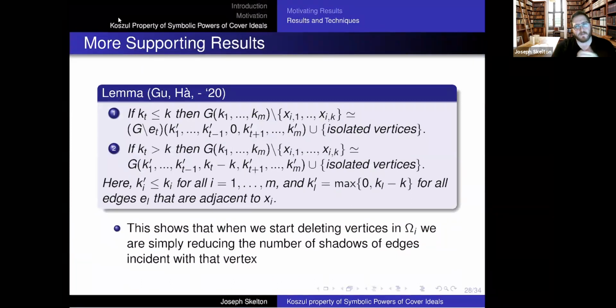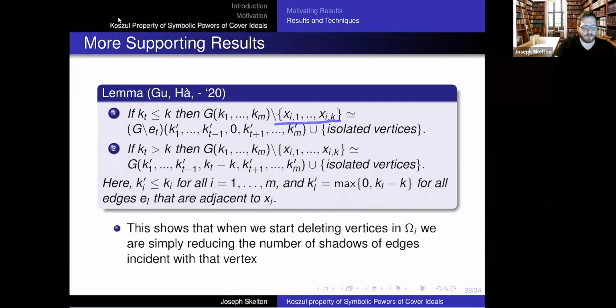The other thing we show is that when we start deleting copies of a vertex, you reduce the number of shadows of edges, or the copies of edges. So if you have an edge with this vertex in it that has been copied fewer times than there are copies of your vertex, then you will at some point effectively remove the edge from the graph. So that's what this first part says.